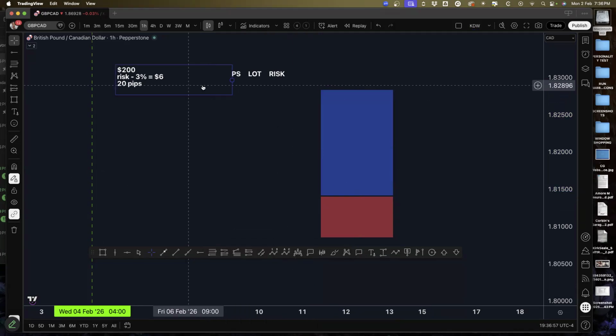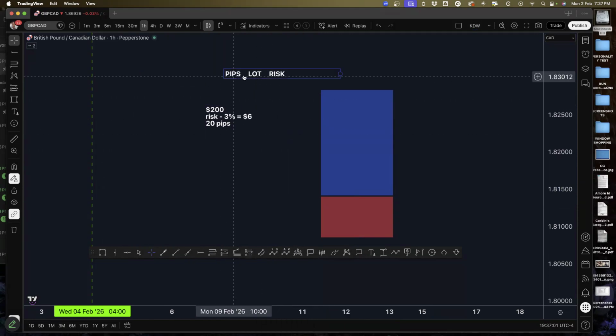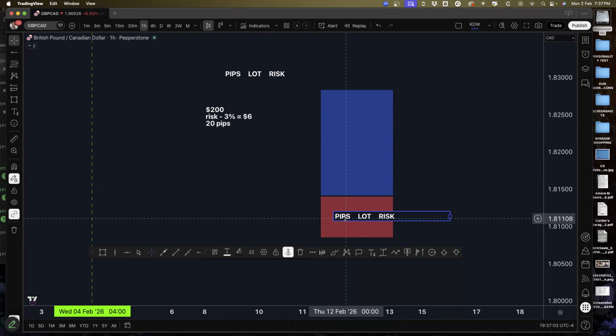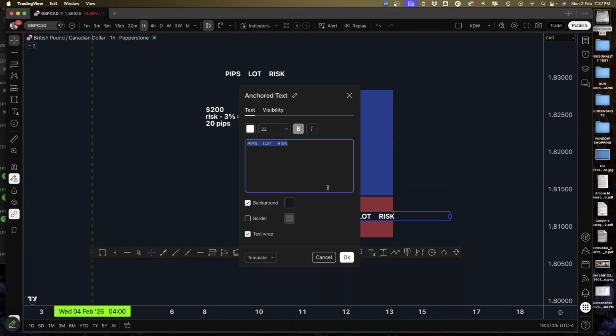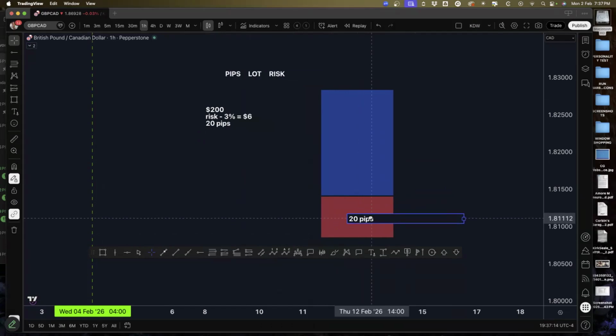All right, cool. Now, our stop loss is this red area, right? Because for this conversation, we're going to assume that we want to buy. That stop loss is equal to 20 pips. So I'm going to ask you a question.